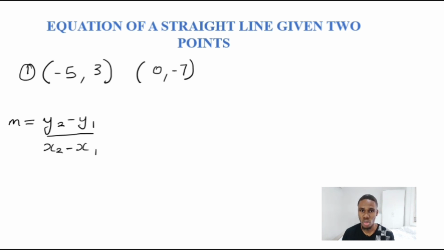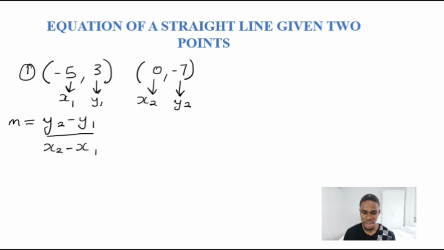Now when you have the 2 points already given, the first value of the x is your x1 and the second value for the y is your y1. Then for the second point, you have x2 and y2 respectively.